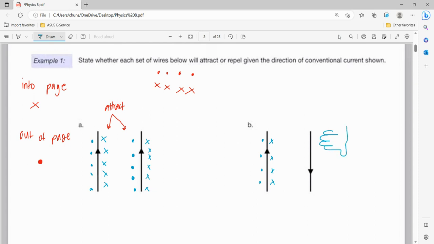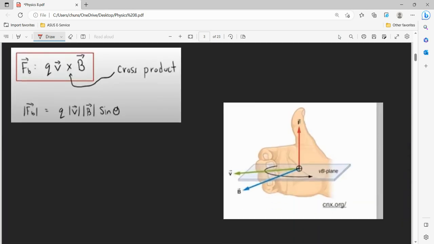So it'll start pointing down, and then when we curl our hand around it, we would see that the field first enters on this side of the page and comes back out on this side. So now that we have two of the same direction of field in between our two wires, this would be a repulsive force that's developed between them. Okay, so that is our first right-hand rule and how to apply it.